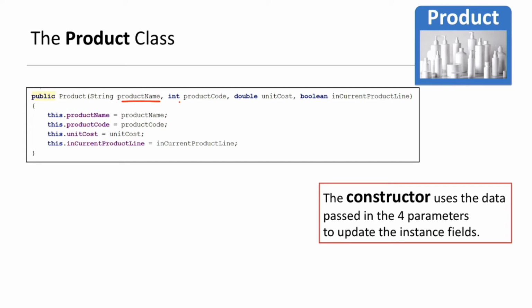We have product name, product code, unit cost, and whether it's in the current product line or not. And each one of those has a different type. So we have string, int, double, and boolean, that correspond with the types of the fields in the class.